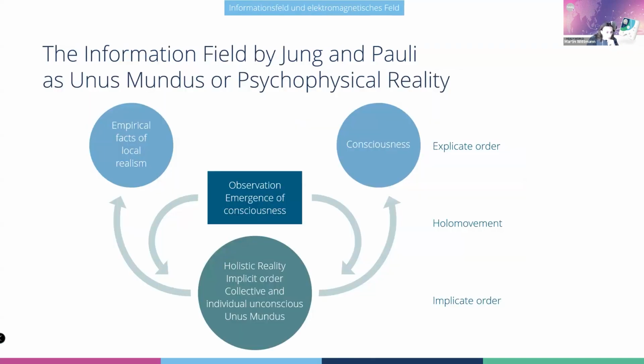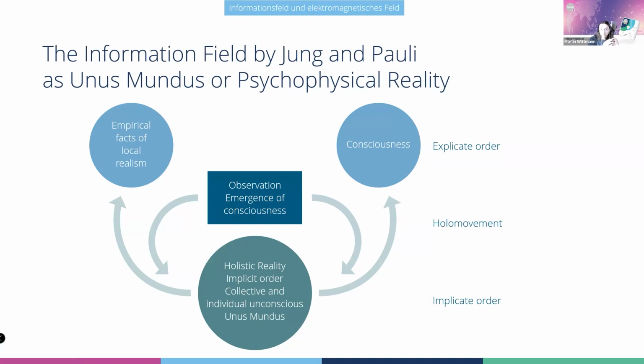And they came up with the information field, as they called it, unus mundus, or psychological reality. So they had the empirical facts and the consciousness, and these two things are basically in a constant holo movement. So with the holistic reality, so implicit order, our collective or individual unconsciousness. So unus mundus is one word, basically translated. And so there's a constant observation and emergence of consciousness.